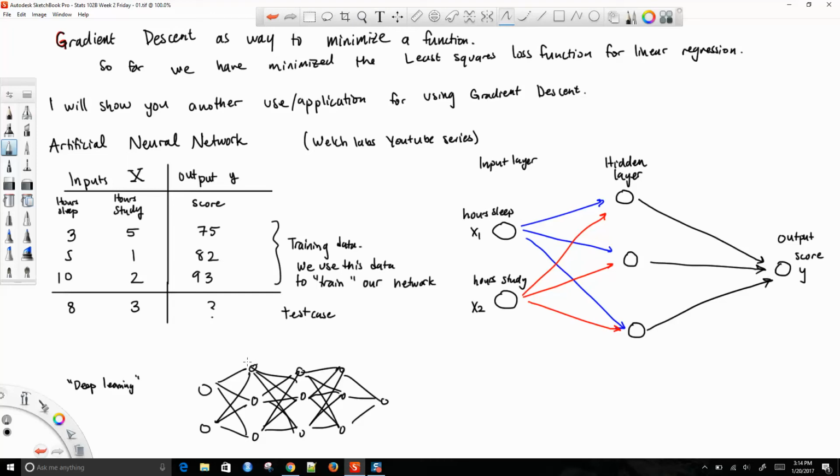This is the deep part, okay? You have multiple hidden layers. But we're not going to bother with that, we're just going to keep it simple. But the idea can be expanded.